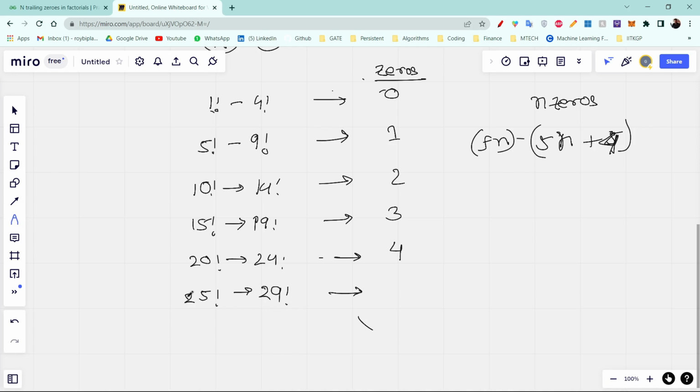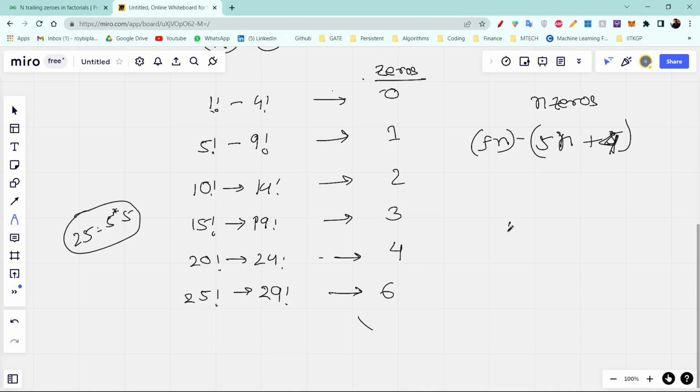So 25 equals 5 into 5. It is providing 2 factors of 5 in my multiplication result. So it will result in 2 more zeros, not 1. So in this range we will have 6 zeros.